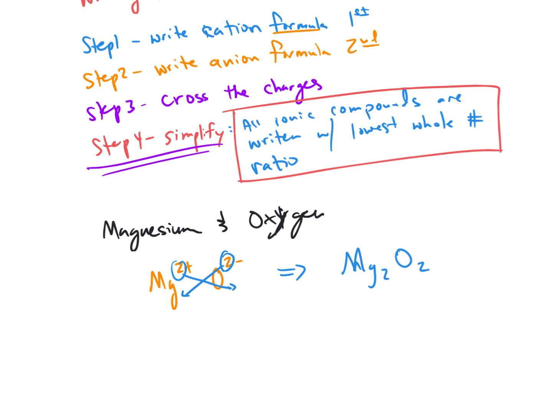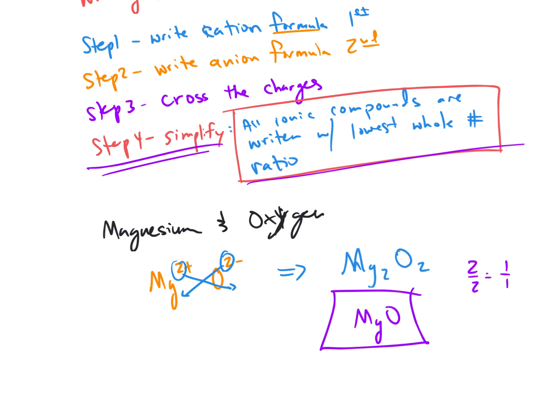This is a 2 to 2 ratio. Can we simplify that ratio? Has to be lowest whole number ratio of 1 to 1. MgO. That is the only way magnesium oxide occurs. Okay? Questions?